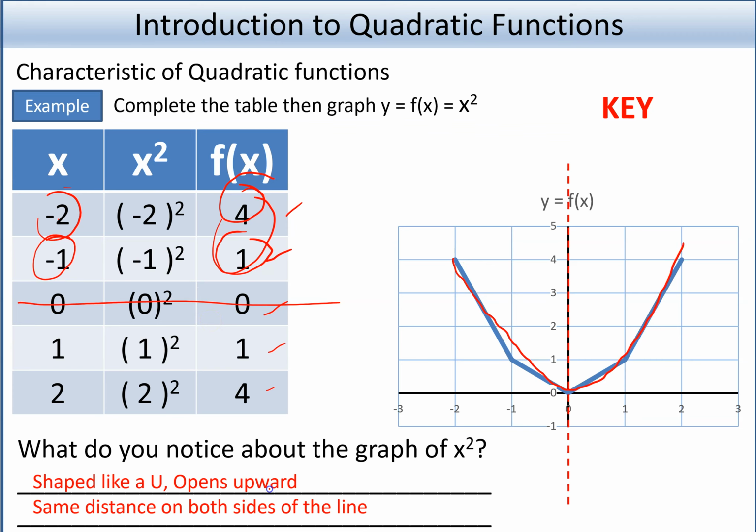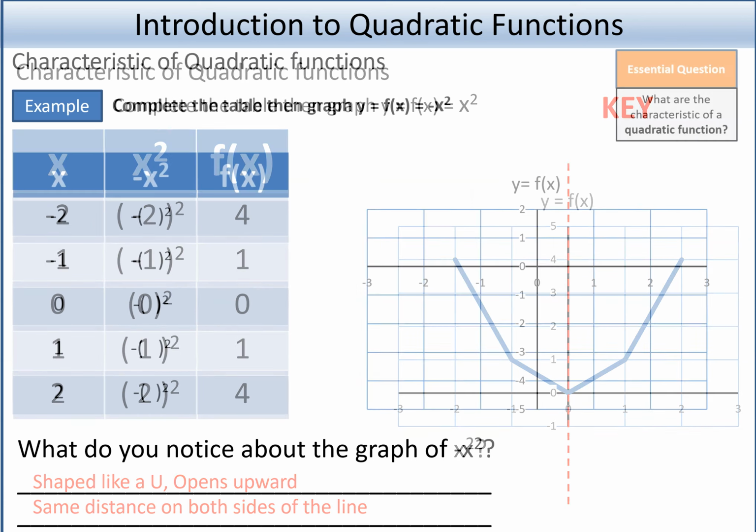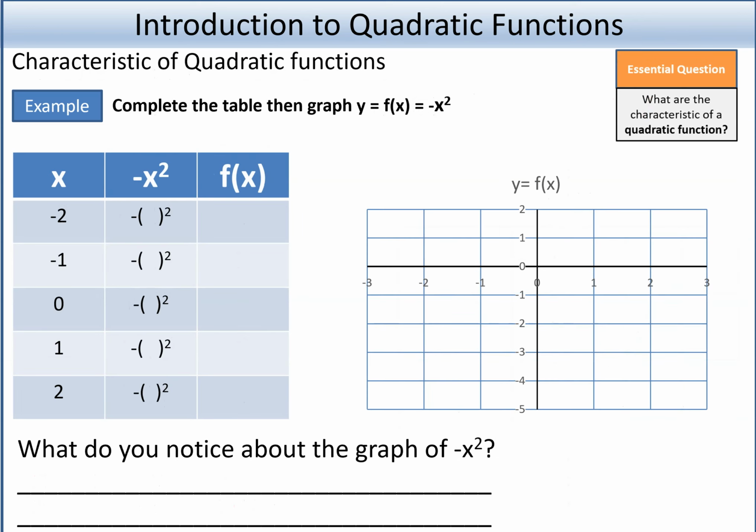So it's shaped like a U. It opens at the top, open upward, and is split down the middle. Same distance here to the left and to the right. All right, let's take something very close to that, and let's complete the table for the graph f of x equals negative, or the opposite of, x squared.